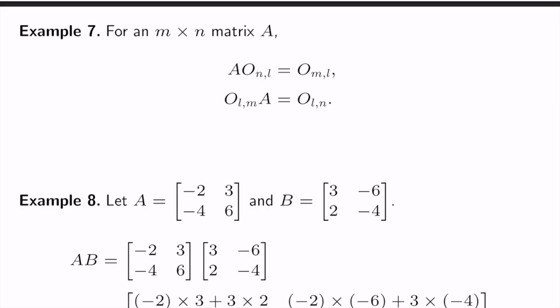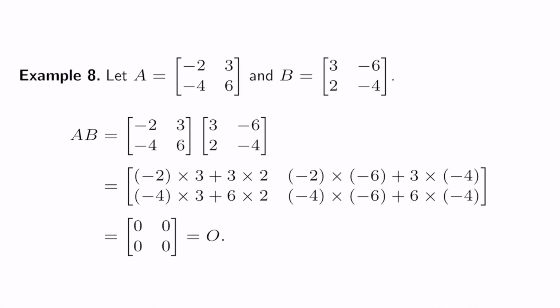It's easy to understand because the elements of the zero matrices are all zeros, so the result should be 0. So multiplying a zero matrix from either the right or from the left gives a zero matrix, so that's trivial.